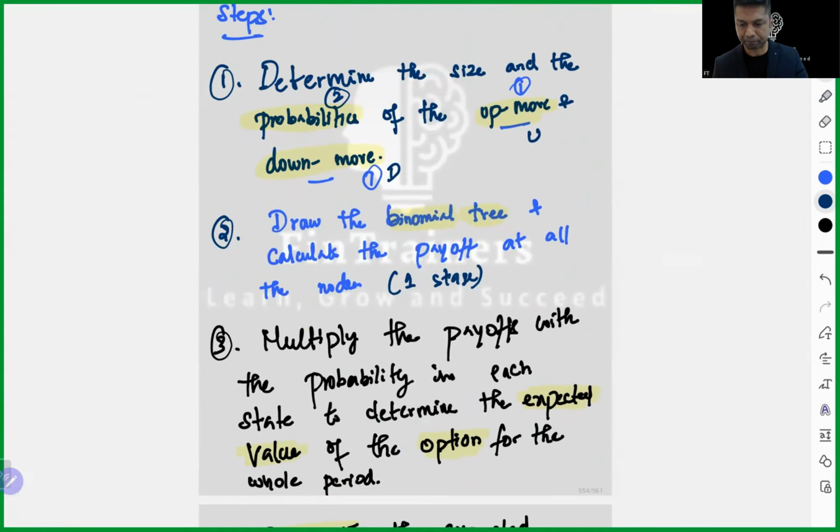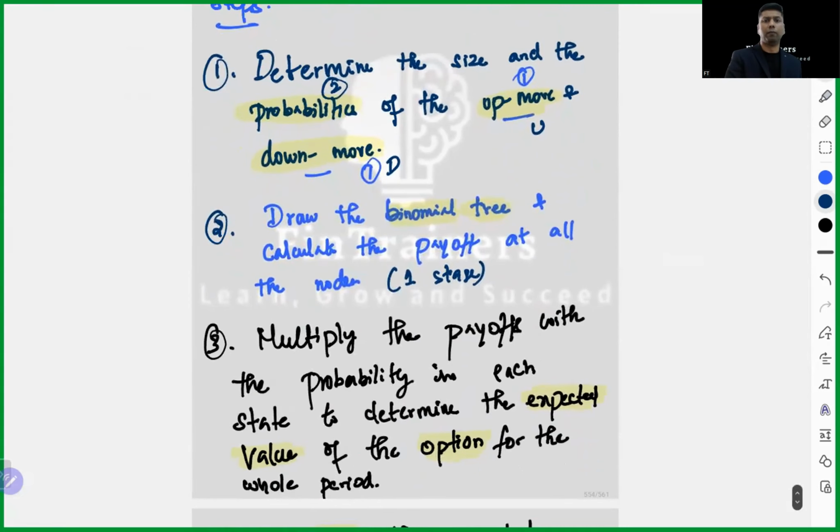Third step is to multiply the payoffs with the probability in each state. See, what we had, the up move, down move is what? That is the stock price, the underlying price. Now, based on that stock price, you need to calculate the payoff. That is the option's payoff, whether it's a call or put option.